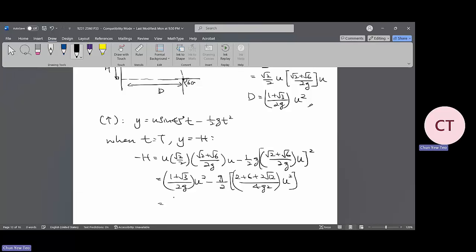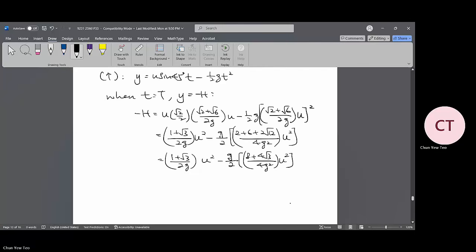So over here you will have 1 plus √3, and this one you will get 8 plus 2√3. I think we better simplify the thing inside the bracket. You have 8 plus 4√3 over 4g squared, the u squared.